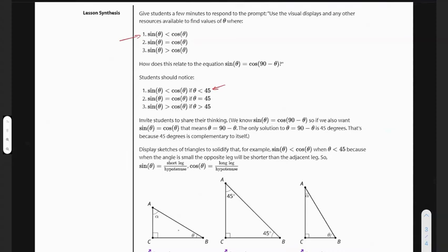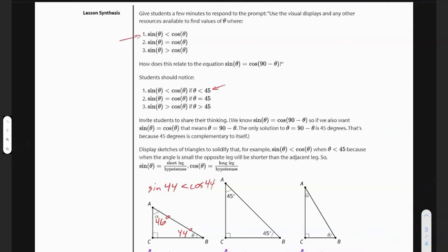So if you have 44 degrees for theta, then you have to be 46 degrees here, right? So, for example, sine of 44 degrees is going to be less than cosine of 44 degrees. And you can already see that because the other angle is larger, right?